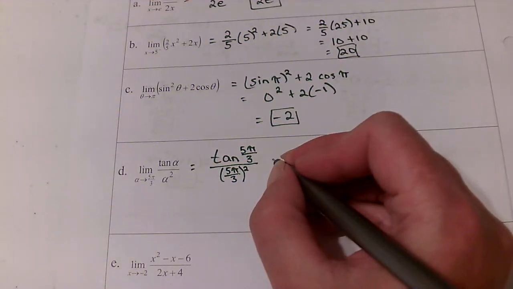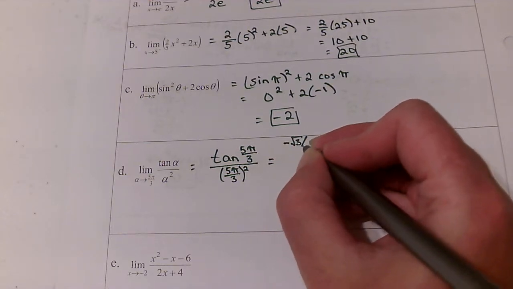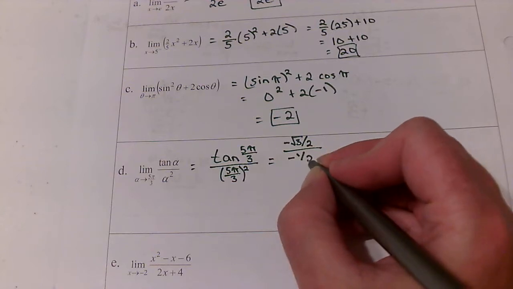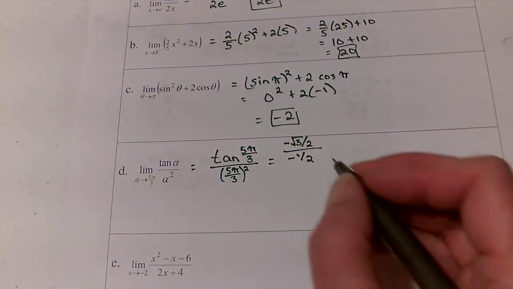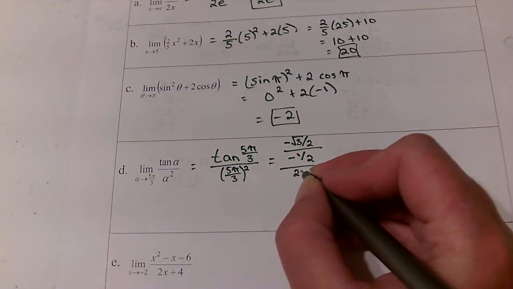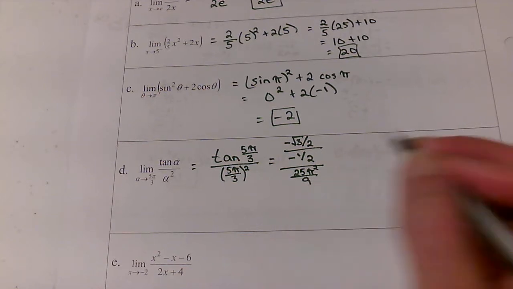Sine would be square root of 3, and cosine would be 1. In the denominator, we're squaring, so 25 pi squared over 9.